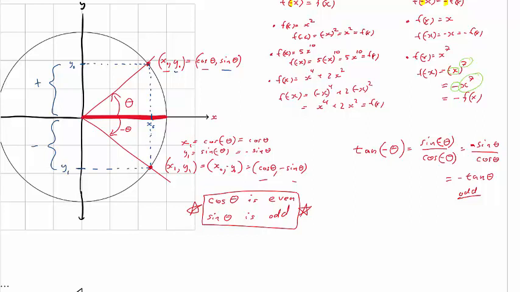Okay, now let's look at some of the others. Cotangent of negative theta. Well, that's simply cosine of negative theta over sine of negative theta. And for the same reasons as tan theta, we're going to end up with a negative out front because of the sine down here.